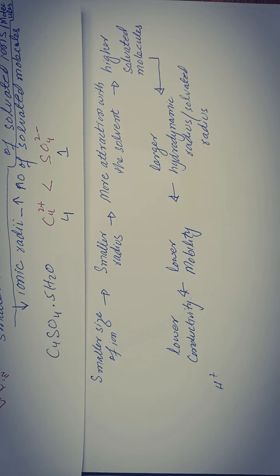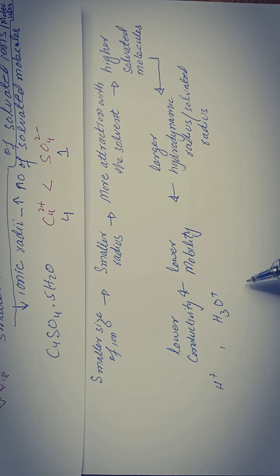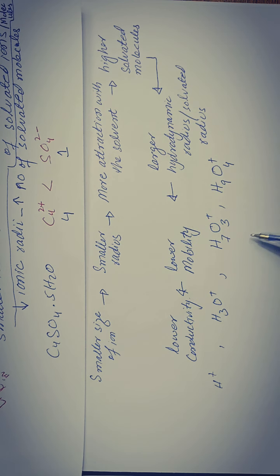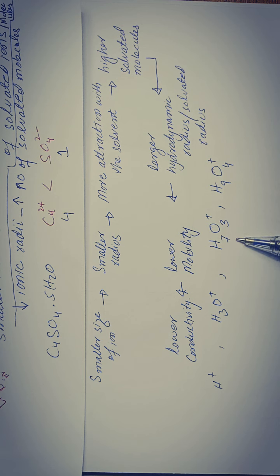That is because when hydrogen ion is in water, it has different ionic species like the hydronium ion, and when 3 water molecules are attached with hydrogen, to get this kind of charge, when 4 water molecules are attached with the hydrogen ion, then the H9O4 positive structure is formed.